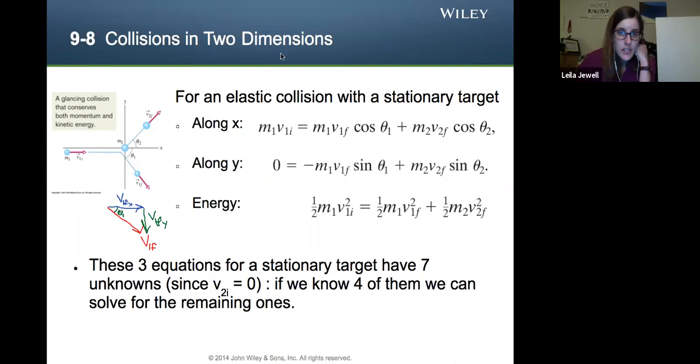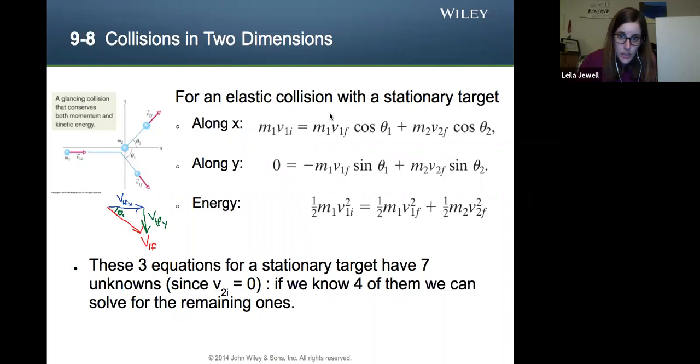Now, because theta is defined relative to the x-axis, then that tells us that we can use our classic cosine for the x component, right? Cosine of theta 1 will be v1fx divided by v1f. So v1fx, the x component of the momentum, could be written as v1f times cosine of theta 1.